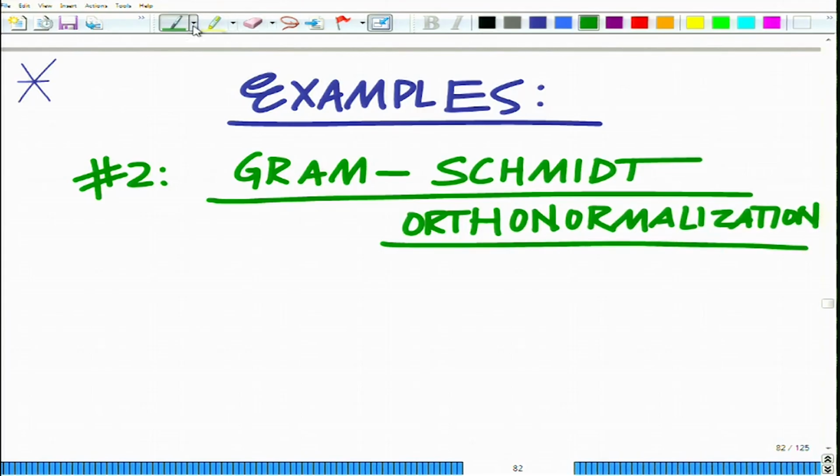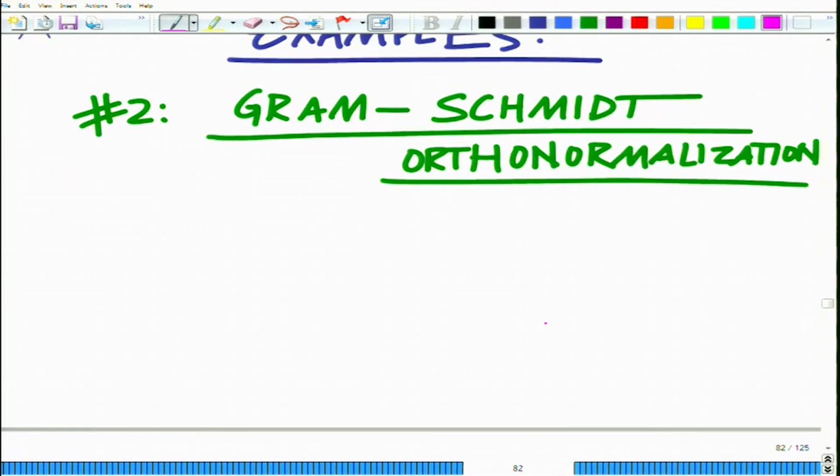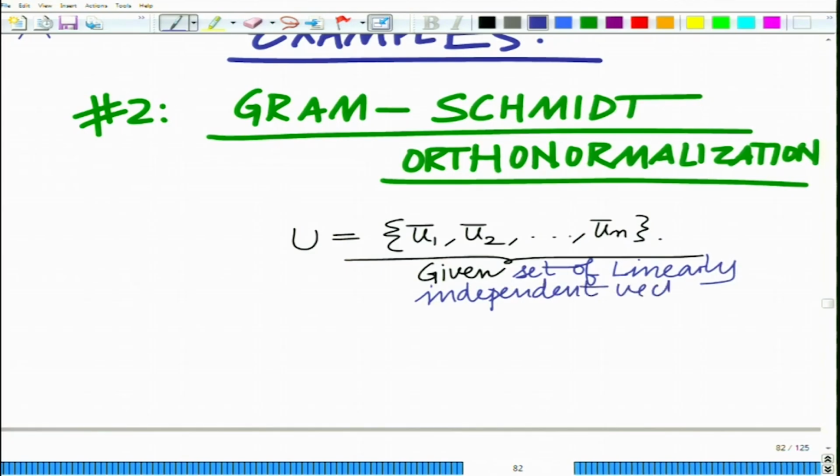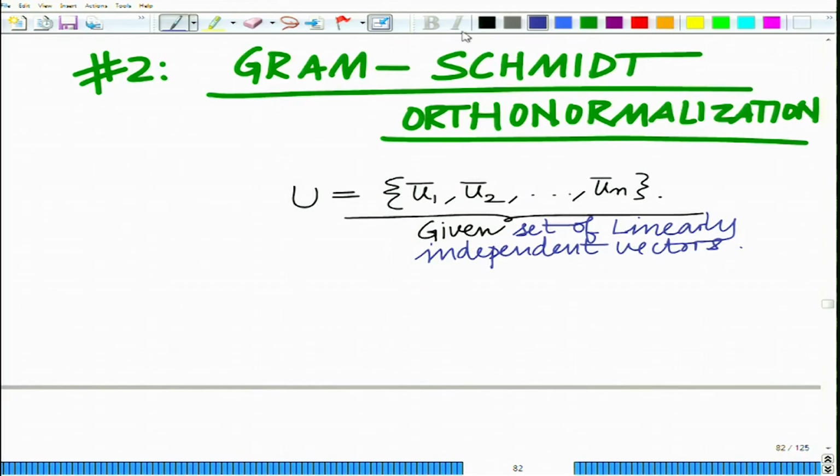And what this does is, for a given set of linearly independent vectors u1 bar, u2 bar, un bar, the Gram-Schmidt orthonormalization procedure creates an orthonormal set, I am just going to explain in a moment what this means.